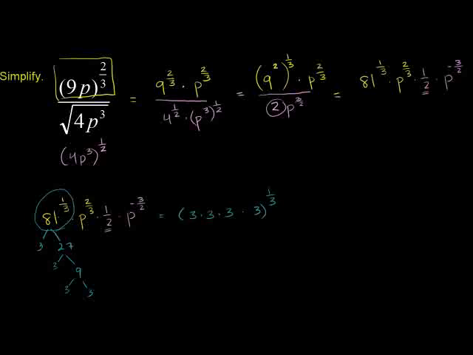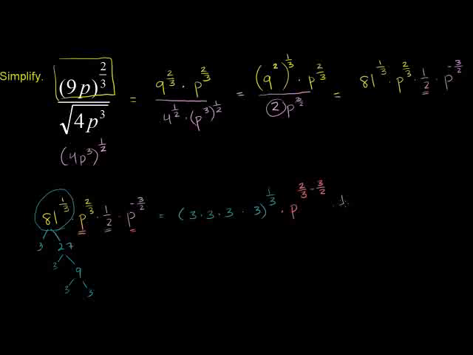And then let's think about these p's. I'm doing more steps than I would do if I had to do it on a piece of paper, because I really want you all to understand what's going on here. So we have a p to the 2/3 times p to the negative 3/2. So that's going to be p to the 2/3 minus 3/2 power. And then we just have the times 1/2.